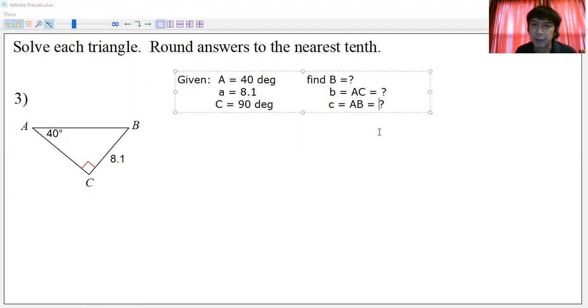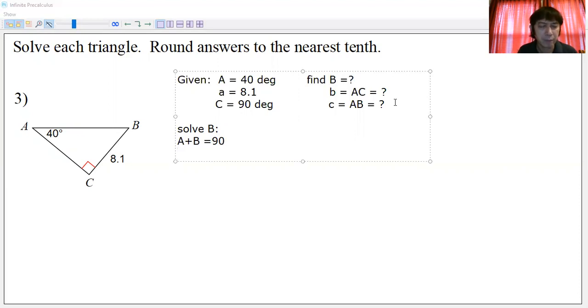All right, let's now solve. Let's start with angle B. We have two angles, we can solve the third. This is a right triangle, so we can use A plus B equals 90. We're solving for angle B. So direct substitution.